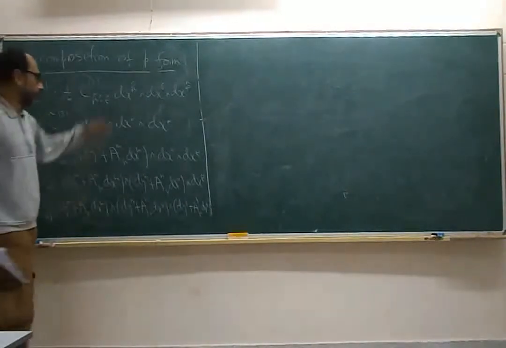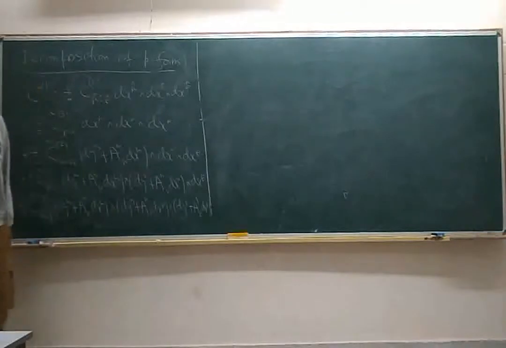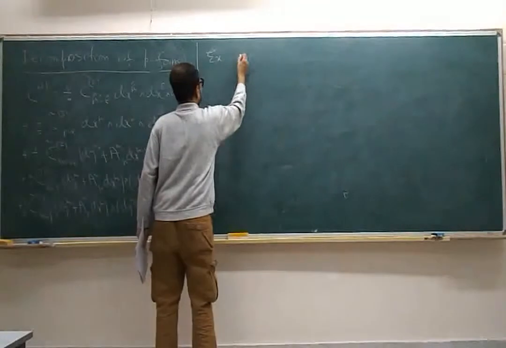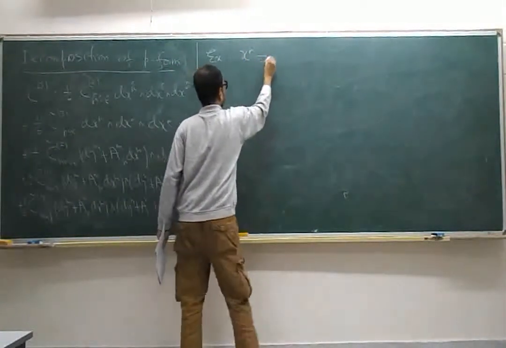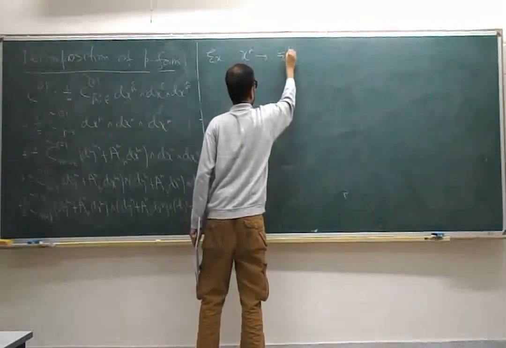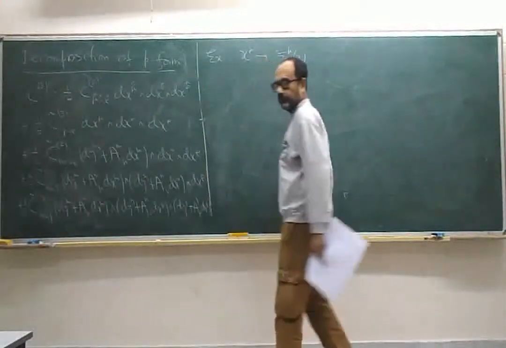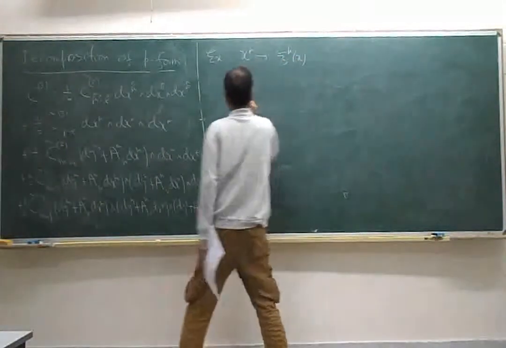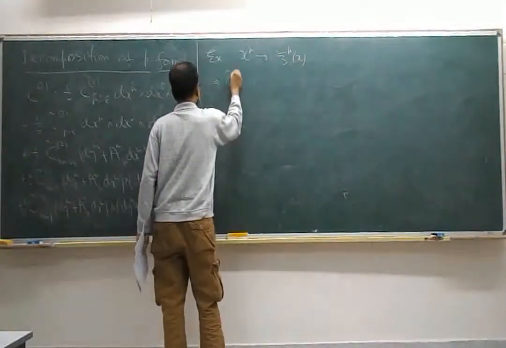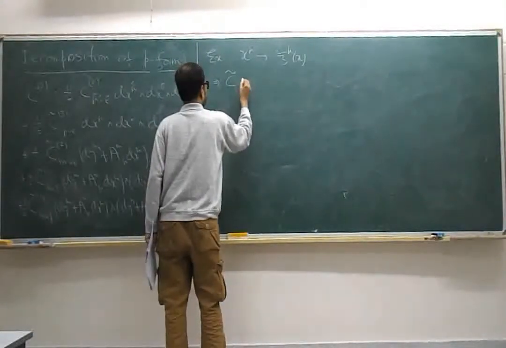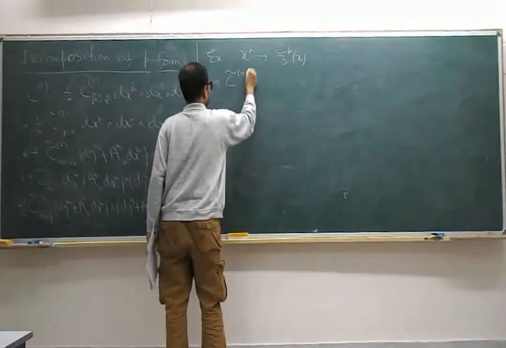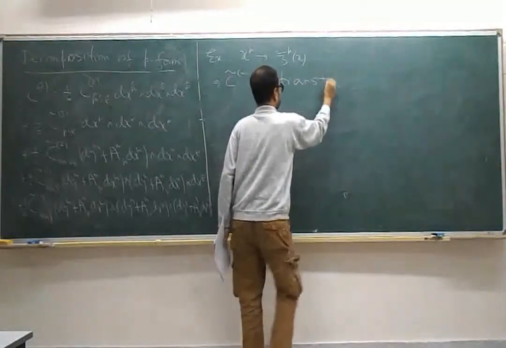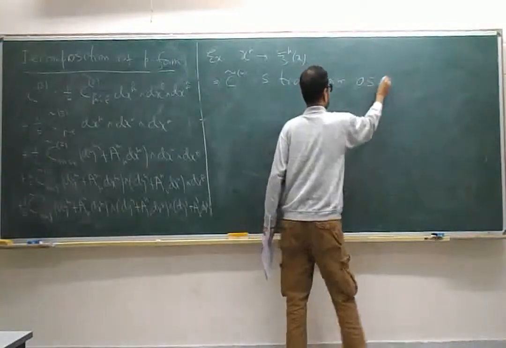Now the way I have introduced this, it's easy to check, and I'll give it as an exercise, that if we consider the transformation x mu goes to psi mu of x, then the C tilde m's transform as tensors.